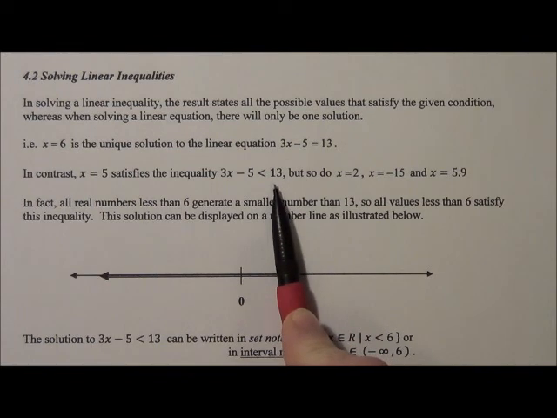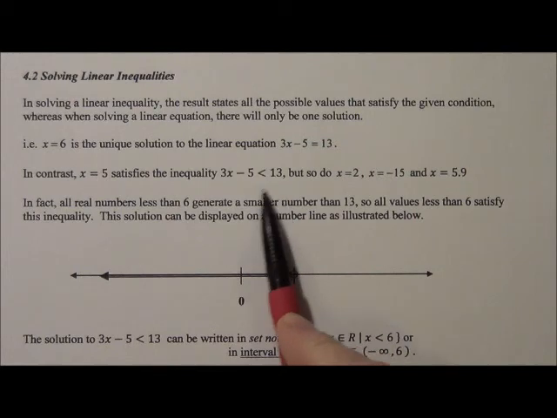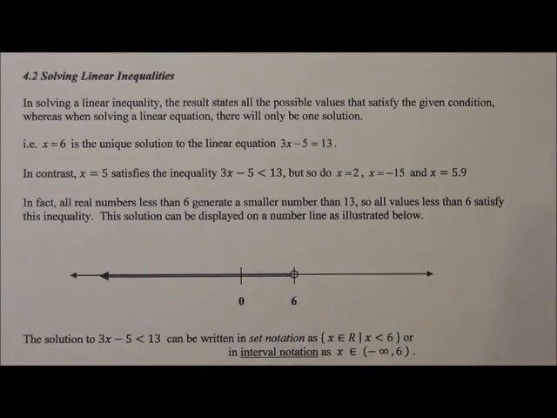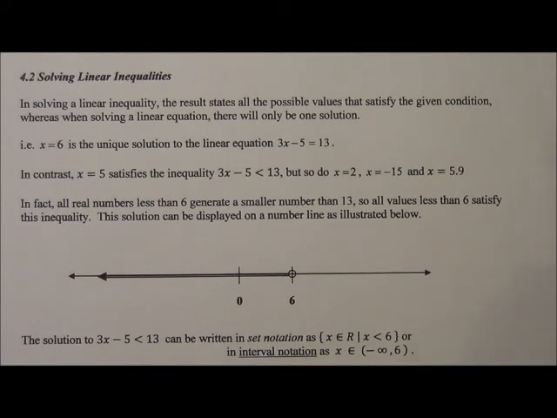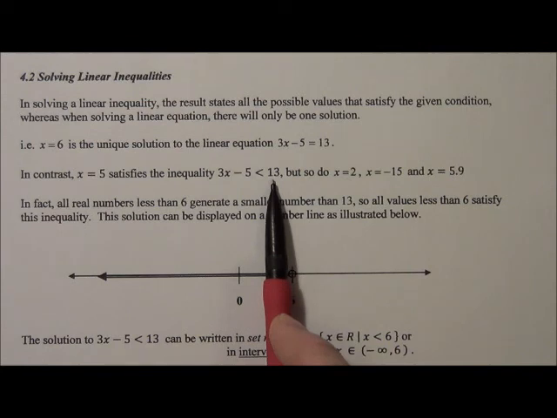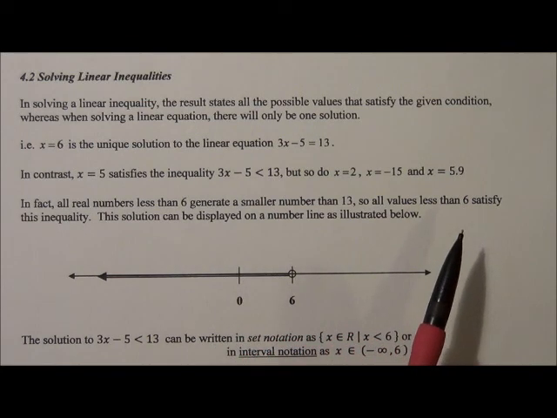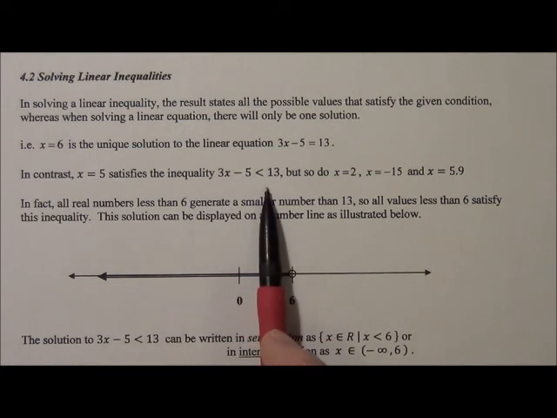So we're looking now not just for one value, we're looking at a range of values that would satisfy the inequality. So as it says here, all real numbers less than 6 generate a number that's less than 13. So all values that are less than 6 would satisfy this inequality.